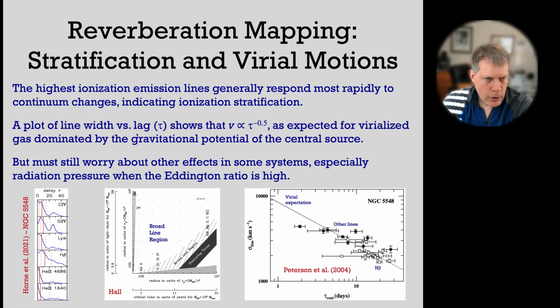Now, another important point is that if you look at the lag and how it relates to, for example, the line width, you find that the lag scales as the line width to the minus 0.5 power. And that's what you would expect for virialized gas dominated by the gravitational potential of the central source.